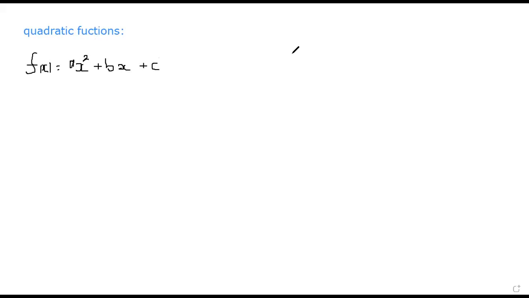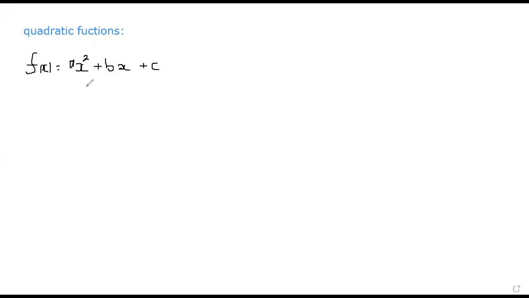Hello? Okay, now we are good. So a quadratic function is any function that has the highest degree of 2. The degree is this power of 2. So how do we come up with roots of such an equation? How do we solve a quadratic equation?